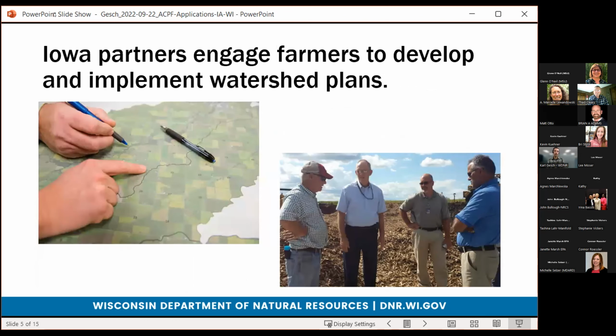So that's a little bit of context here. In those watersheds, partners have written and are writing watershed plans, and a key component of developing those watershed plans is to engage local partners, but also and especially farmers and landowners, the folks who manage the landscape and take care of the working lands, as a key stakeholder in developing those local watershed plans.